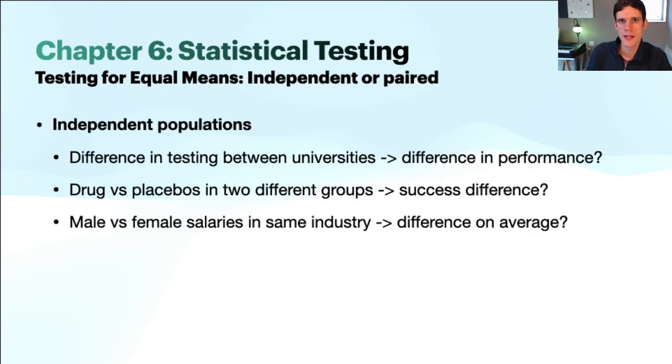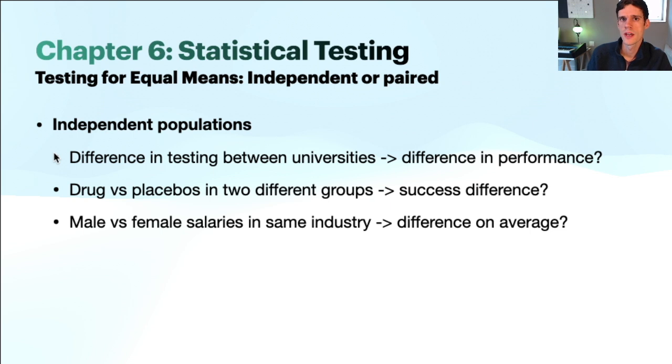Let's first look at independent data. And instead of giving you a general vague definition, let's look at some scenarios that will produce independent populations. Let's say, for instance, that you're looking at the difference in testing between two universities. One university perhaps focuses more on homework assignments, whereas the other focuses all its attention on the final exams.